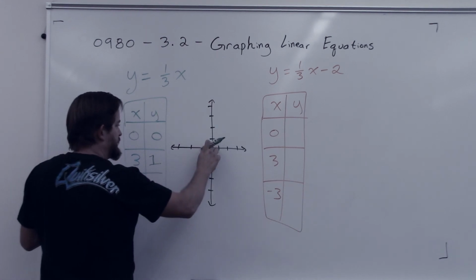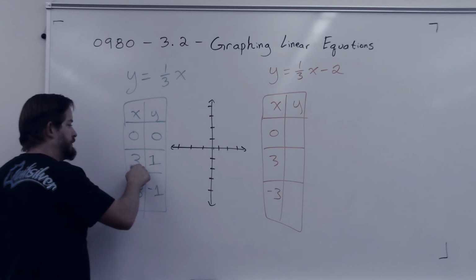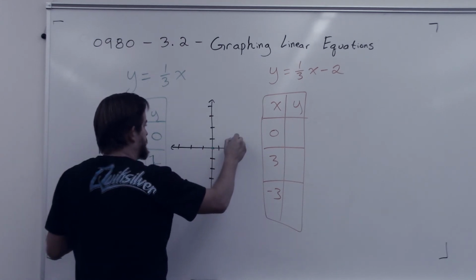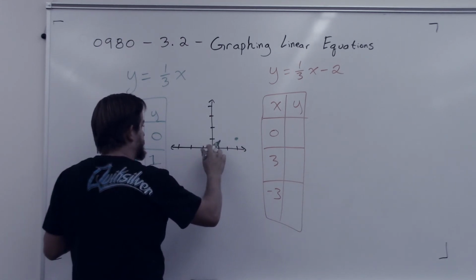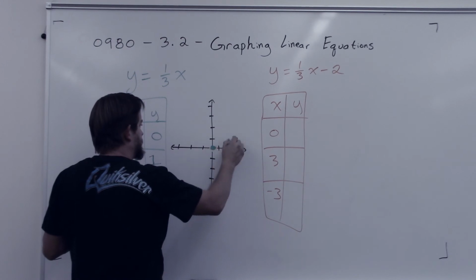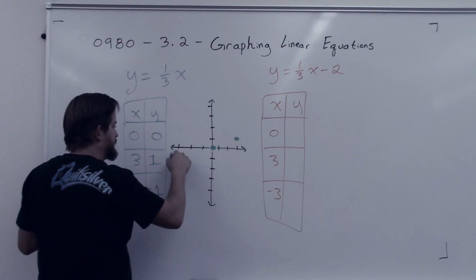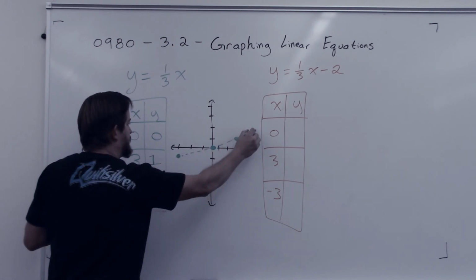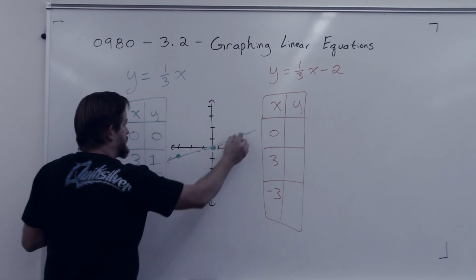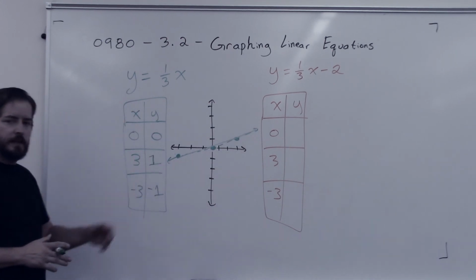That goes right through the center. I have the point 3, 1, so 1, 2, 3, 1 is there. And negative 3, negative 1, so negative 1, 2, 3, negative 1. So I have those. That is my line.